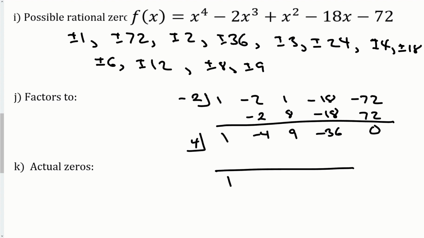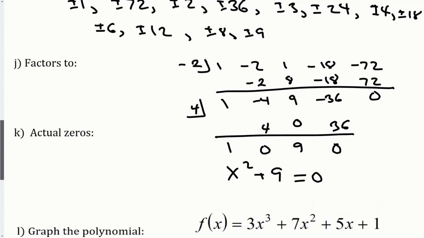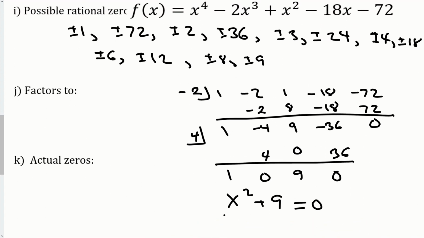So 1, 4, which gives me a 0, 0. 9 times 4 is 36, which now leaves me with x squared plus 9, which does not factor to real numbers. It factors to x plus 3i and x minus 3i, as the sum of two perfect squares.